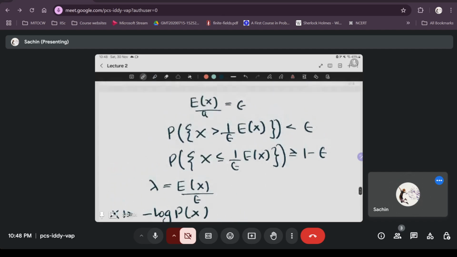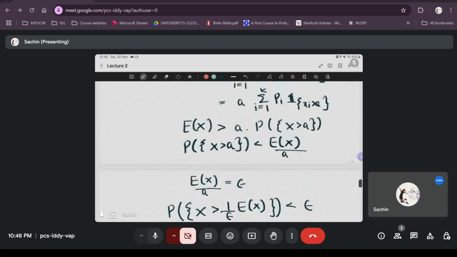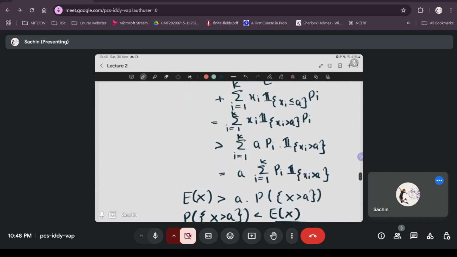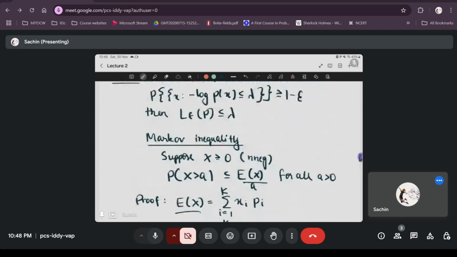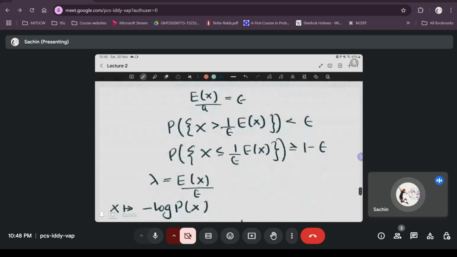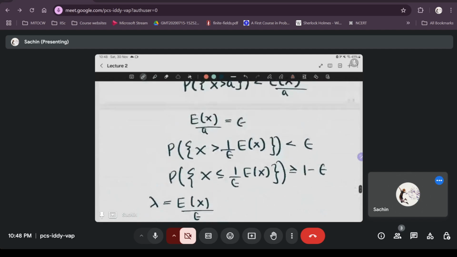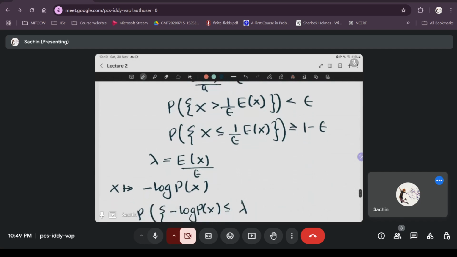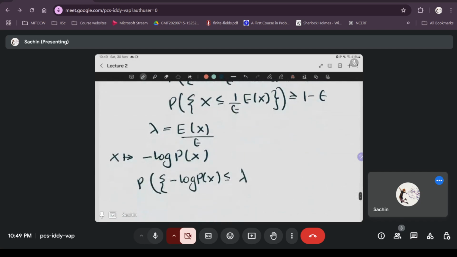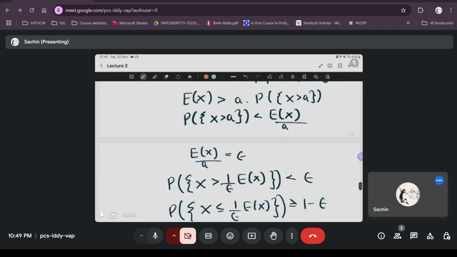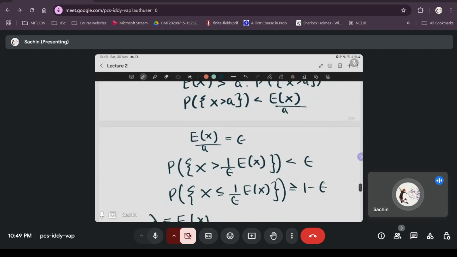Let me see. Actually, I can use this. I am actually going to use this directly.